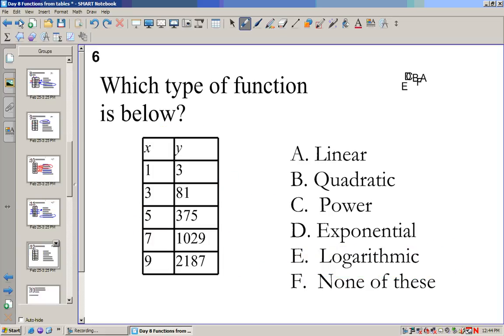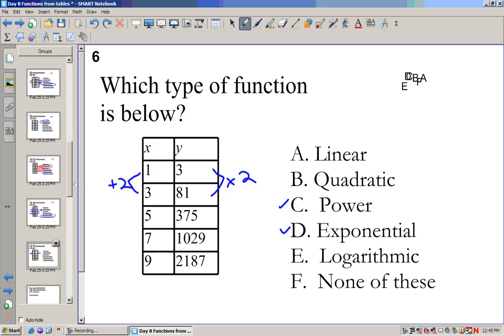What type of function is this? Well, this one goes up fast and this one doesn't. So I'm going to guess it's either power or exponential. Here I added 2, and here I multiplied by 27.